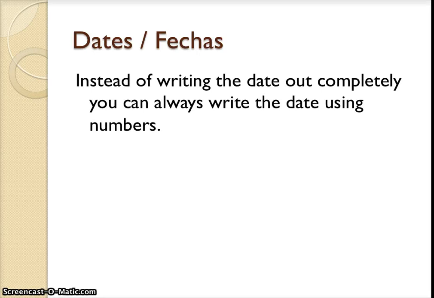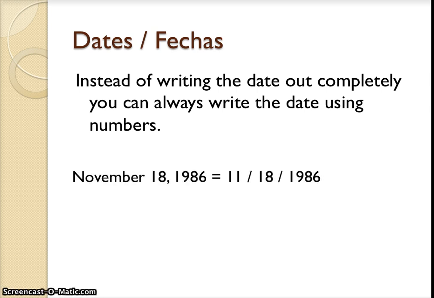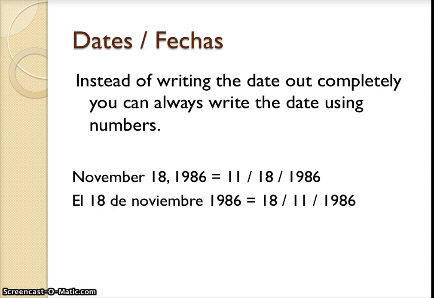Instead of writing the date in words, you can always write it in just numbers. Okay, so here is an example in English. We have November 18th, 1986. Okay, that's how we write it out normal. If you would want to write it out in numbers, it would just be 11/18/1986. Well, Spanish has to switch it up a little bit on you. Okay, so we have el 18 de noviembre, 1986, which we just learned how to do.